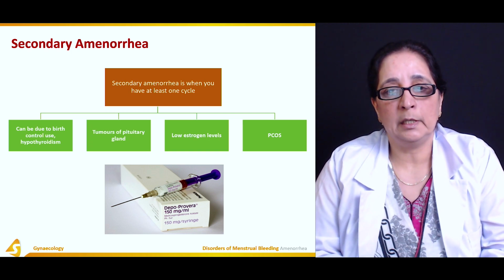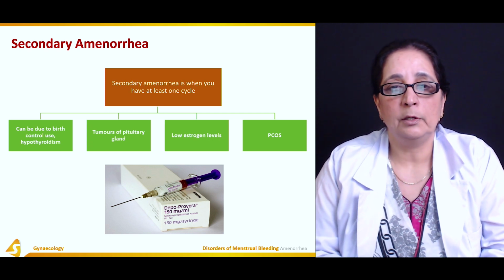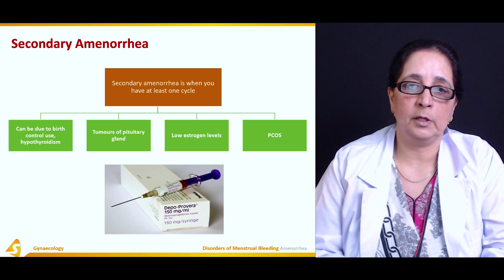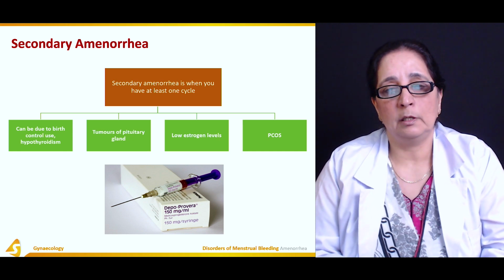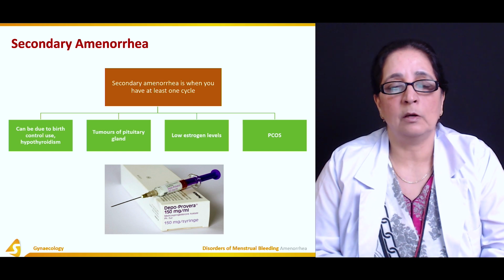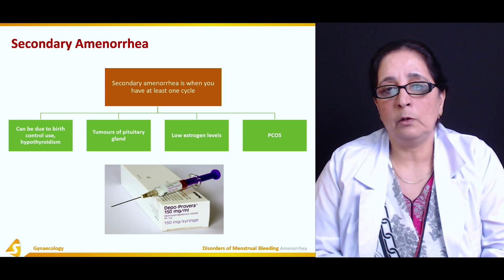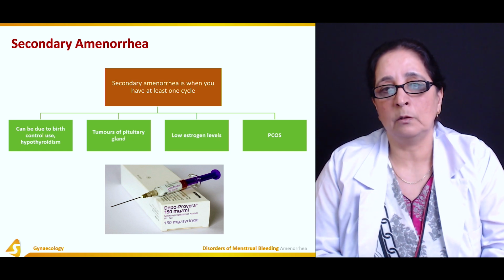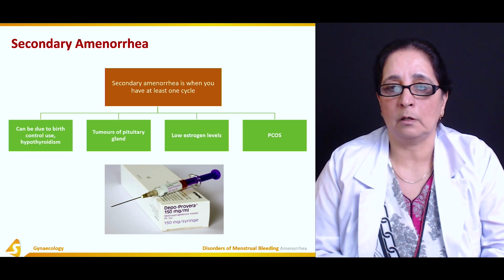Tumors of the pituitary gland also cause secondary amenorrhea due to lack of production of the hormones LH and FSH, which lead to the production of estrogen and progesterone by the ovaries. Then low estrogen levels also lead to amenorrhea because of lack of ovulation.